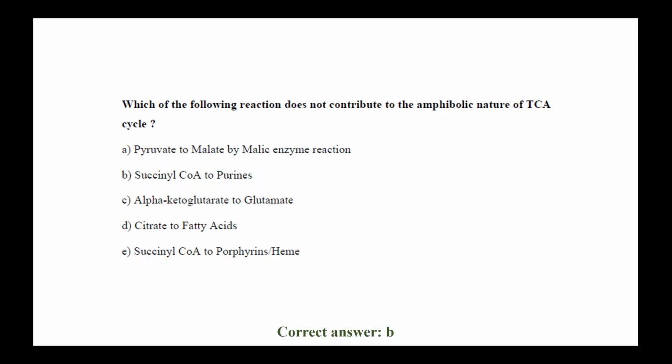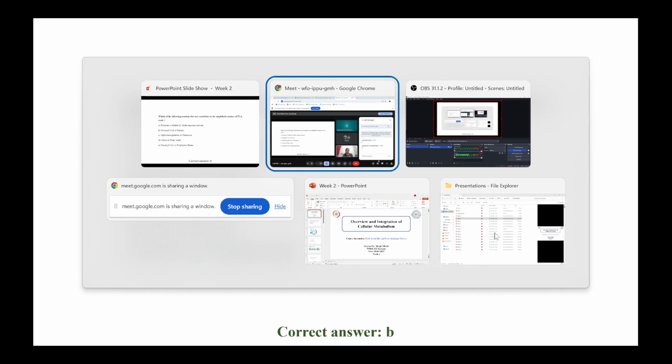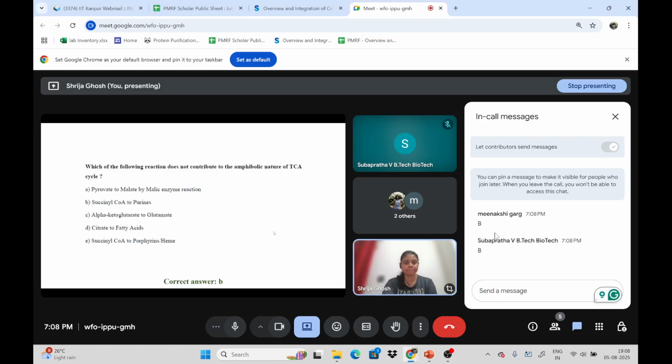So, do you know what amphibolic nature means? What does amphibolic nature mean? Both anabolic and catabolic.